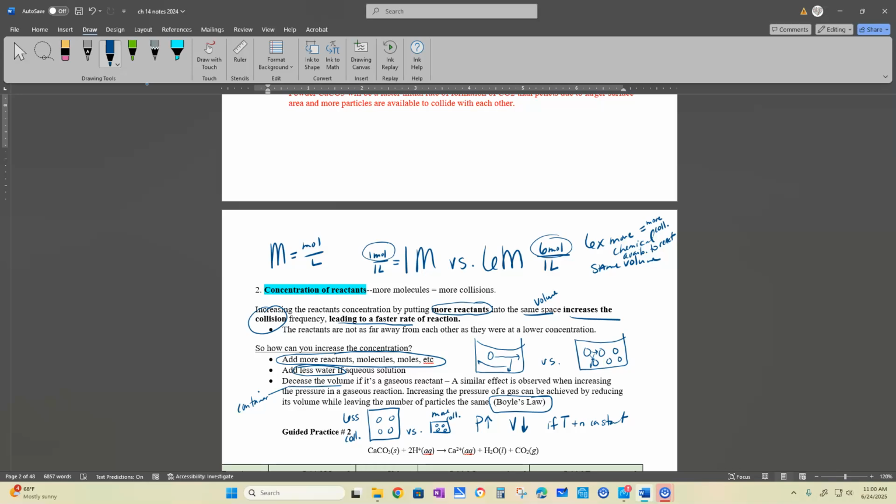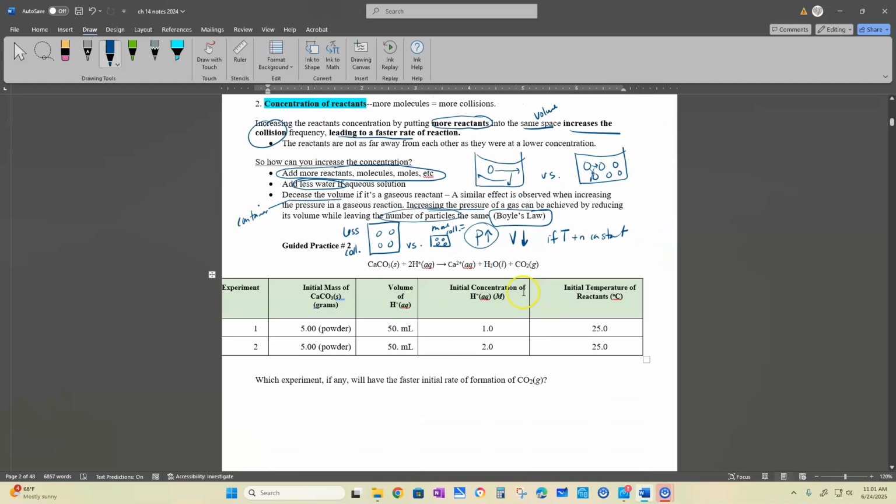So increasing the pressure of a gas can be achieved by reducing volume, which leads to more collisions. Don't forget about gas laws, because gas laws are still fair game. Use that knowledge from chapter 10.